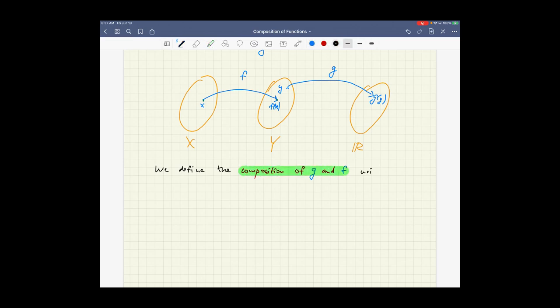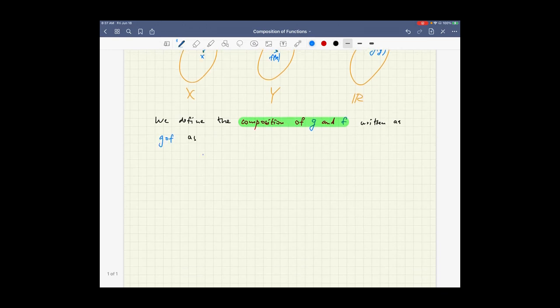We write this using a special symbol, g little circle f, and the way it's defined is very simple. G composition f applied to some x is simply g applied to the image of x under f. That is for every x in the set capital X.